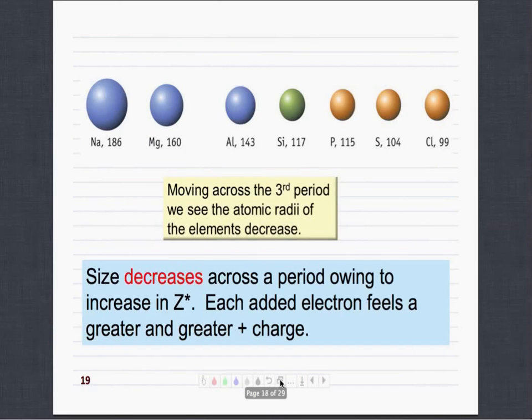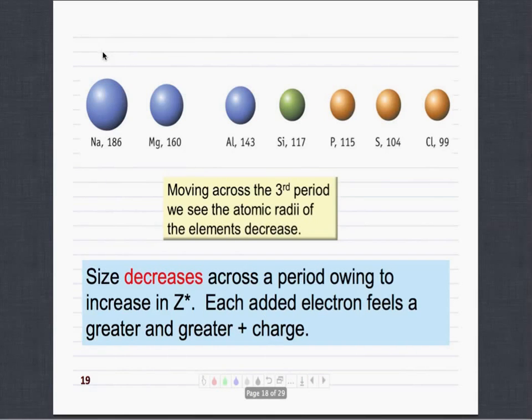Okay? Now the reason behind the radius decreasing as I go in the same period is that the effectiveness of the number of protons inside the nucleus is increasing. And we refer to that by Z star. That means the effective nuclear charge. I'm not gonna talk a lot about the effective nuclear charge.